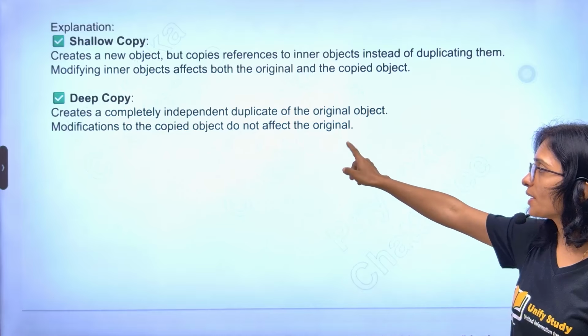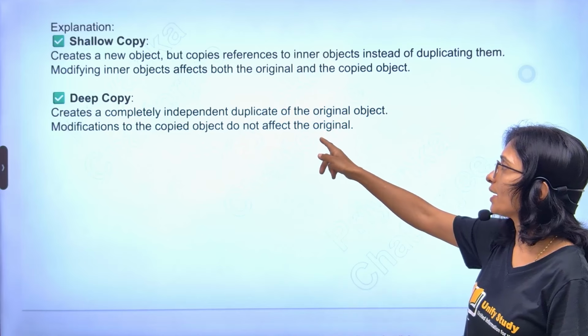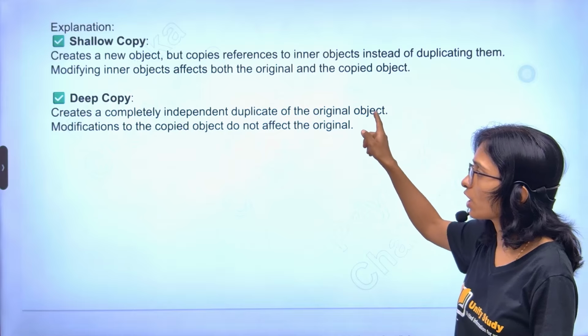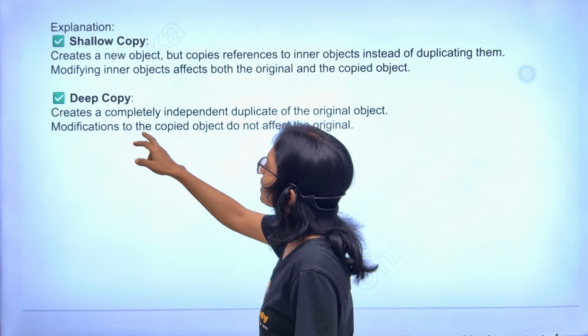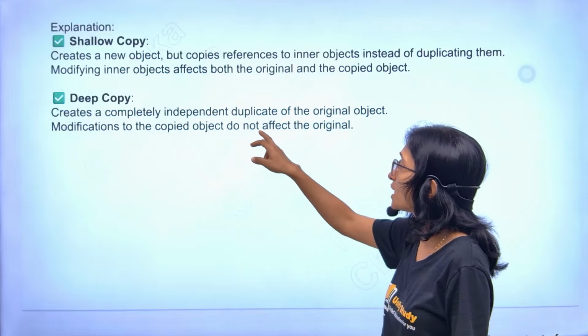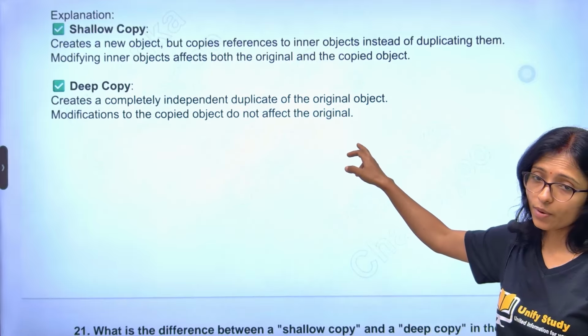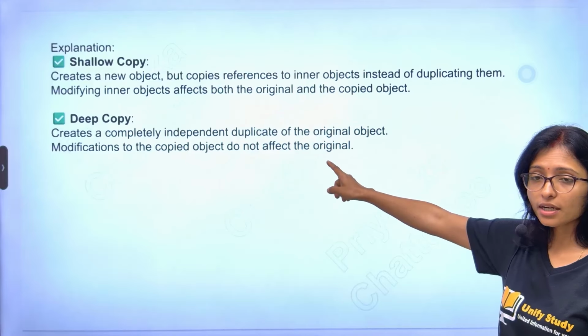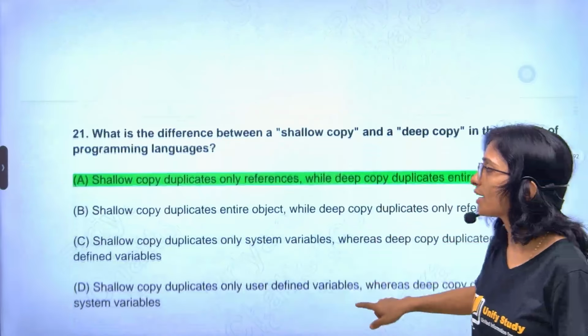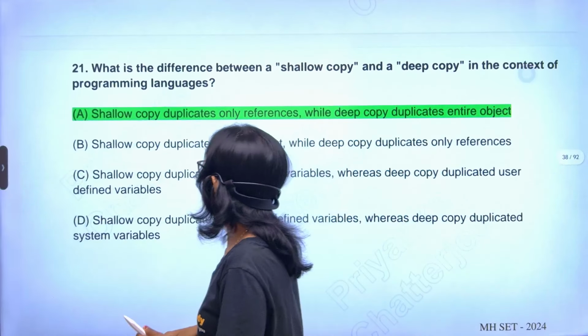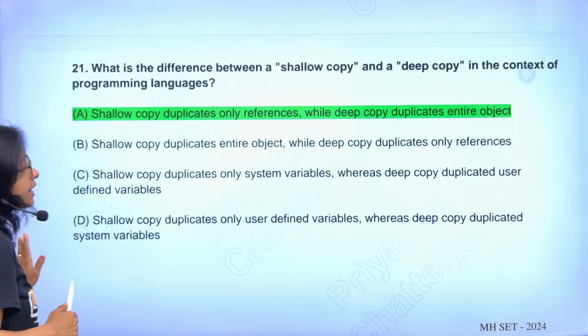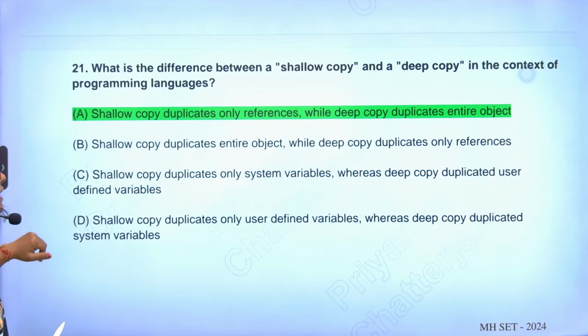Deep copy creates a completely independent duplicate of the original object, and modifications of the copied object do not affect the original one. That's why it is called deep copy. So here is your answer: shallow copy duplicates only references, while deep copy duplicates the entire object.